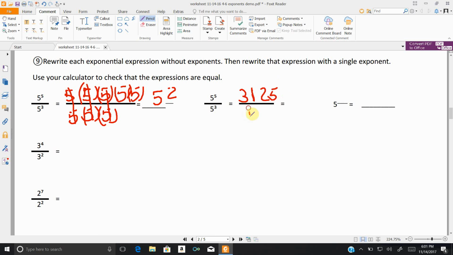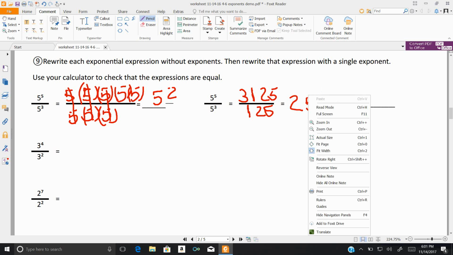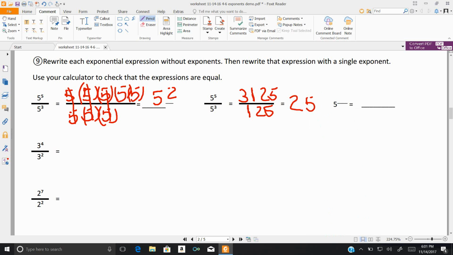And 5 to the 3rd power was 125. And if we divide those in our calculator, we get 25. And then if we try 5 to the 2nd power, we put that in our calculator, we do get 25.